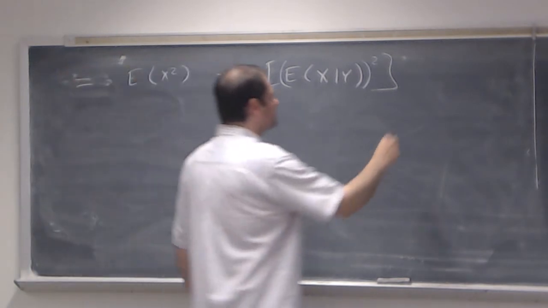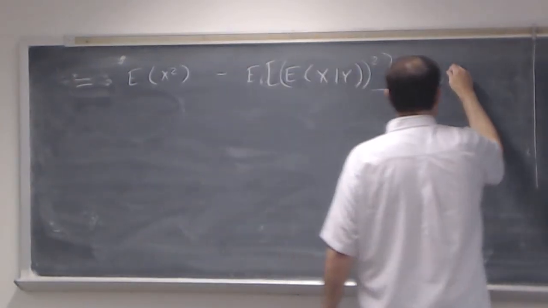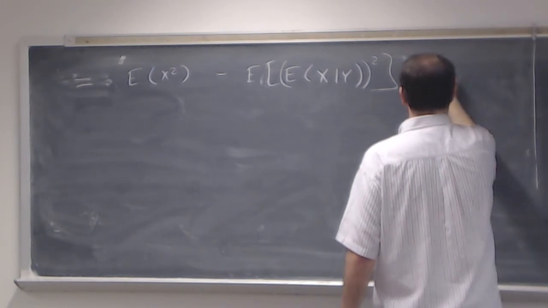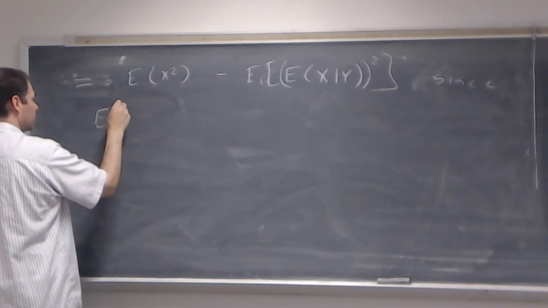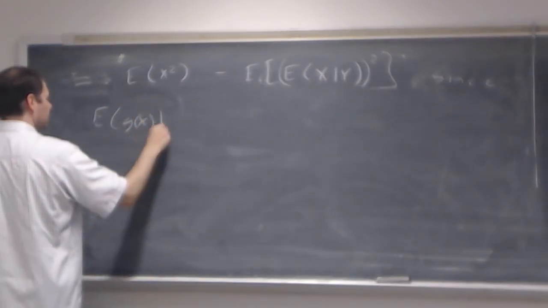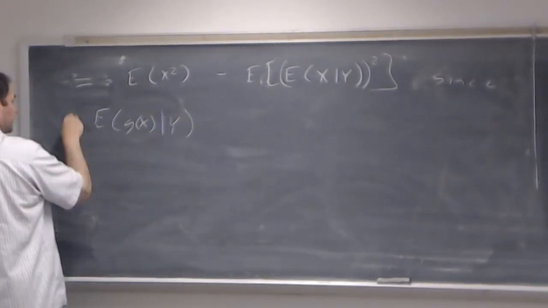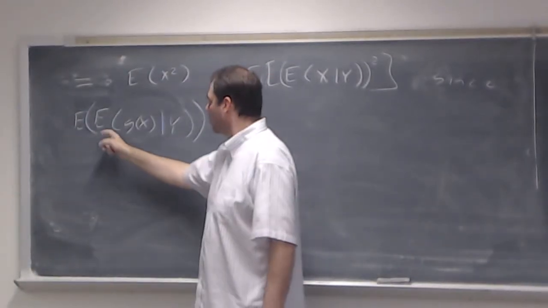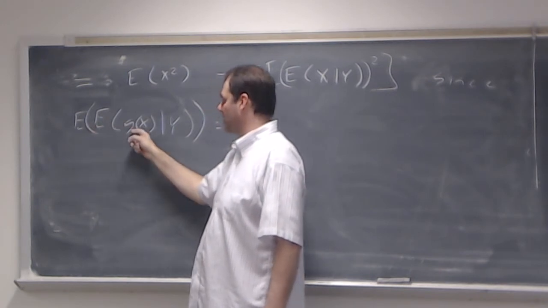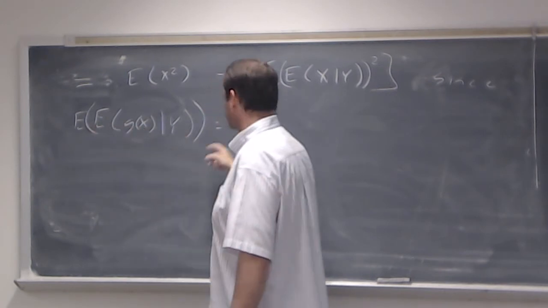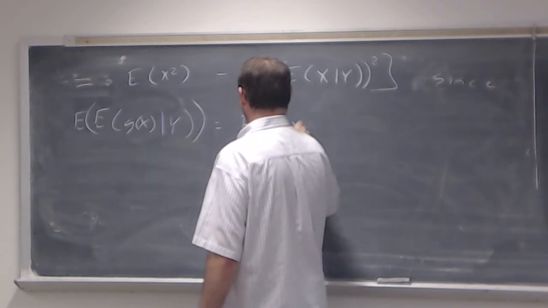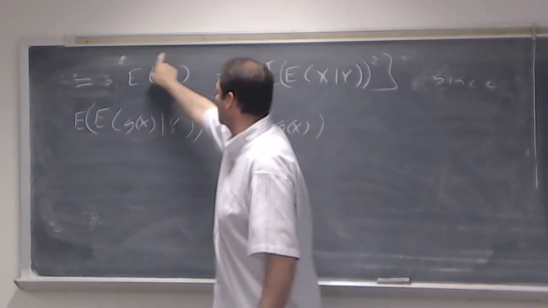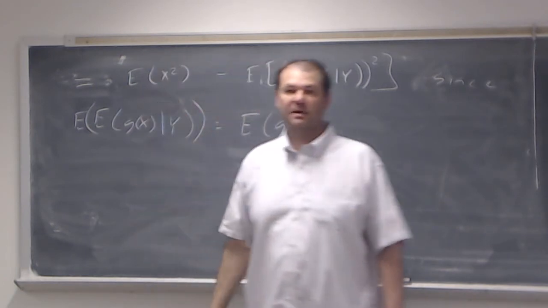This is by the fact that the expected value of g of x given y is the expected value of g of x. That's what I'm using to make the replacement here of the expected value of x squared.